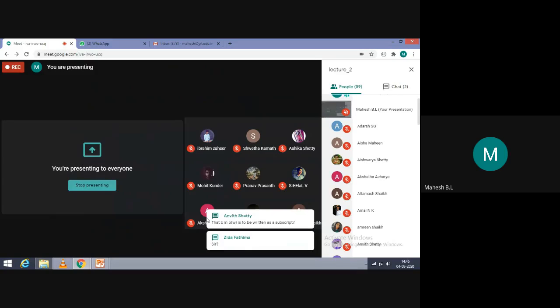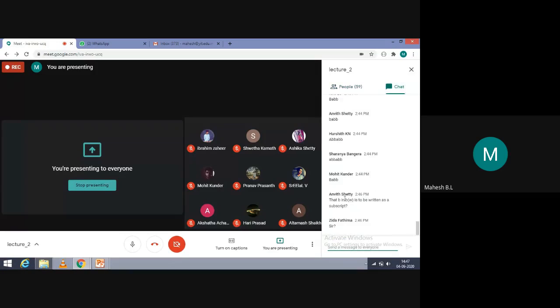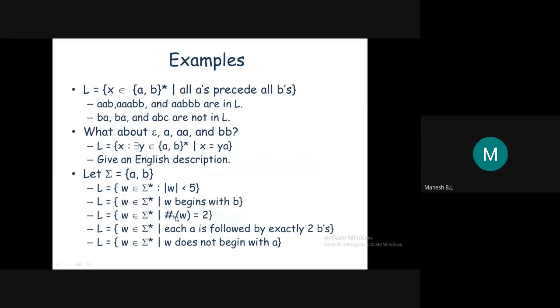Is it clear now? See here, this B subscript indicates the occurrences of B in W. How many times is B occurring in W?